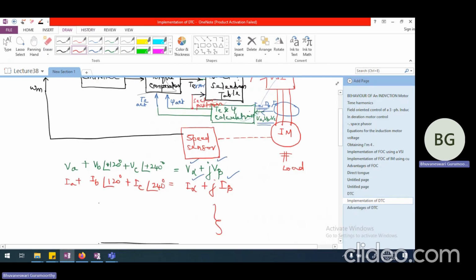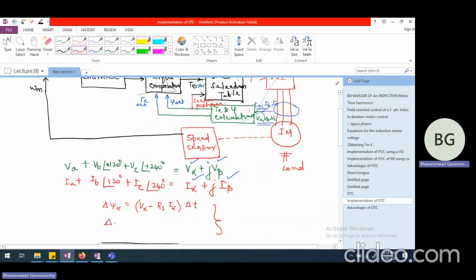From this, we should be able to say the incremental change in the flux linkage, delta psi alpha, should be equal to V alpha minus Rs times I alpha, where Rs is the per phase resistance of the stator winding, multiplied by the sampling interval, delta t.